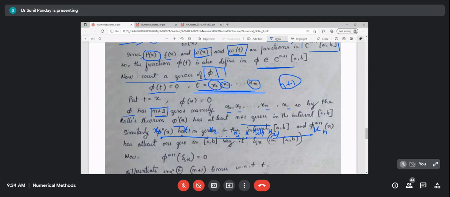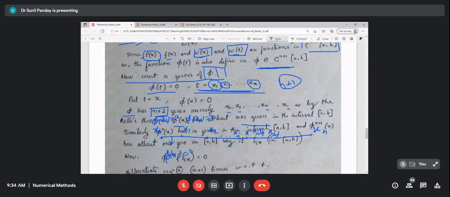So here I have the information that phi(x_1) is 0 and phi(x_0) is also 0. So there are two zeros, and it means phi(x_0) equals phi(x_1), so there exists a point here such that phi dash is 0.